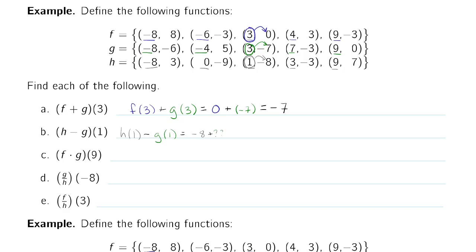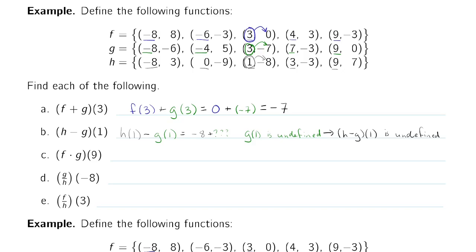So when we try to take g of 1, we can't do it. G of 1 is undefined. And so because we can't evaluate g, we can't evaluate h minus g. H minus g of 1 is also undefined. What we're seeing here is 1 is not in the domain of g, therefore it can't be in the domain of h minus g.